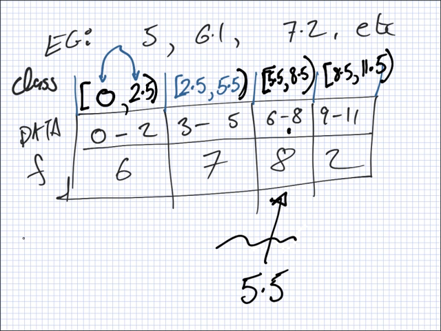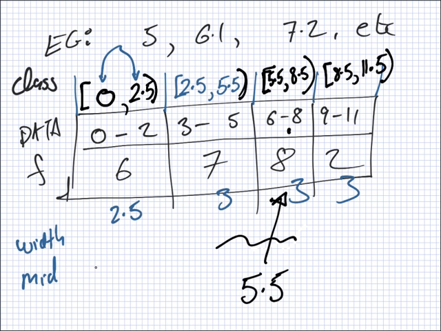The other thing which is useful to know is the width, how wide each one is. As Young Peng noticed, they're not all the same width. This one is 2.5 units wide, but how wide is this one? And the last thing is the midpoint.